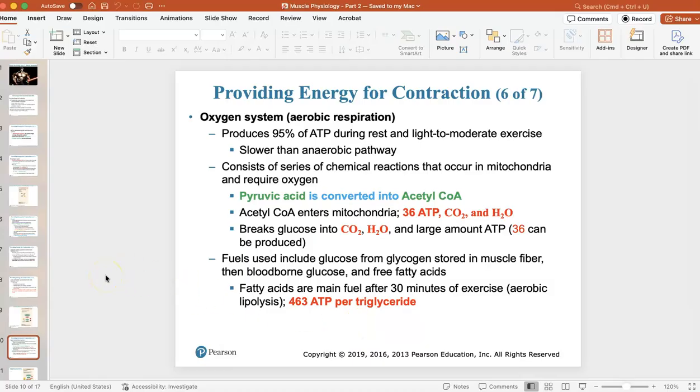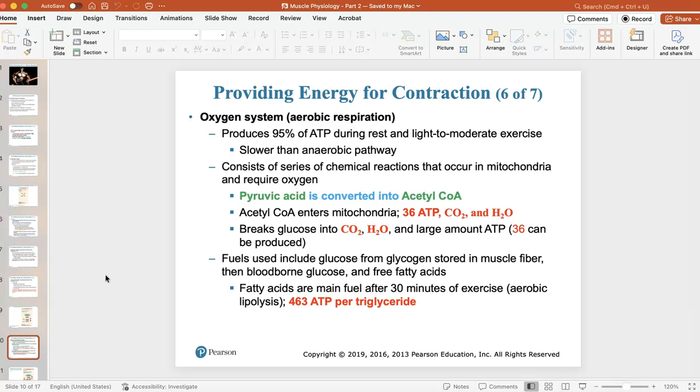Okay, so that is a summary of the 3 energy systems that drive ATP replenishment. So remember the creatine phosphate system. We take 1 molecule of creatine phosphate and we get 1 ATP out of that. Then we go to glycolysis, where we start to use glucose. Per molecule of glucose in glycolysis, we get 2 ATP and 2 pyruvic acid molecules.